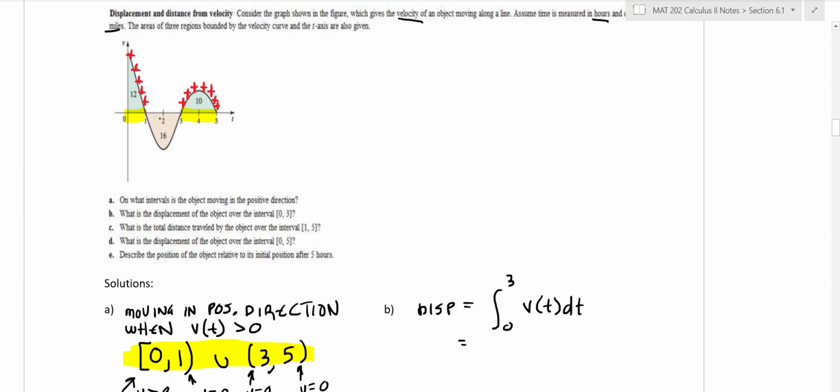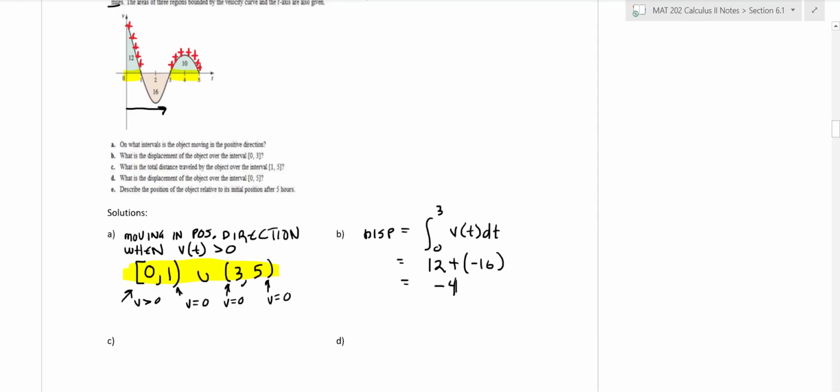So from 0 to 3, you have an area that's a positive number for 12, and then you use a negative number for 16 since it's below the t-axis, so you would have a negative 4 displacement. And what that means is you're 4 units in the negative direction from the origin. You can have a negative displacement. So that's how you do that, real simple.